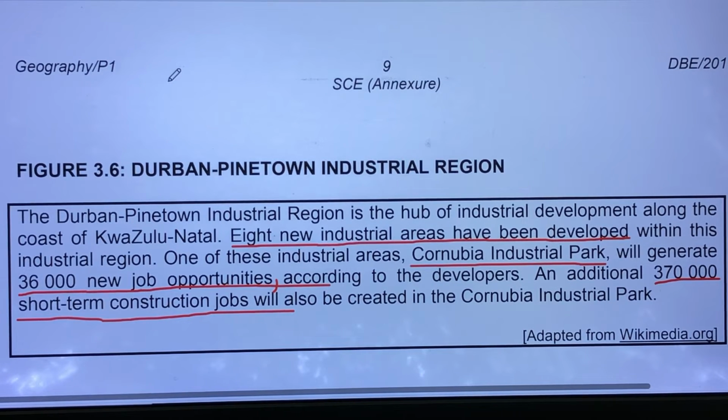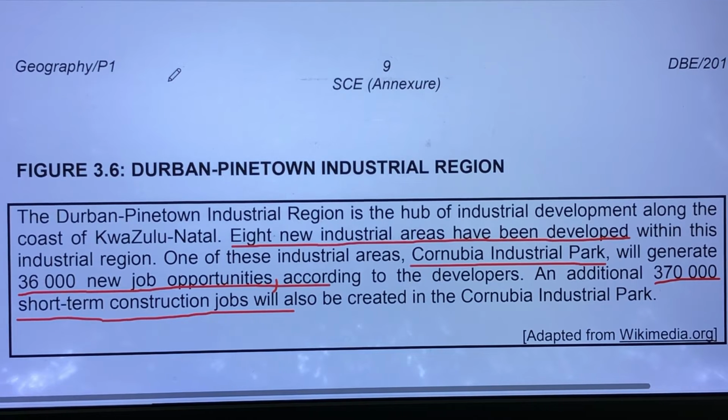Around that specific area we have the N2 road, which is well developed and assists the horse trailers to move smoothly, to send the goods to that specific industrial area.